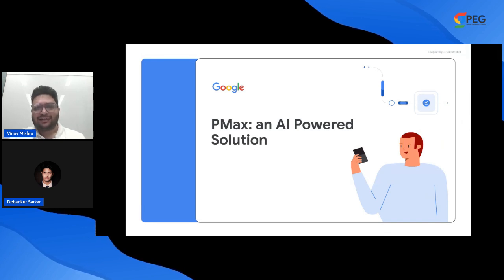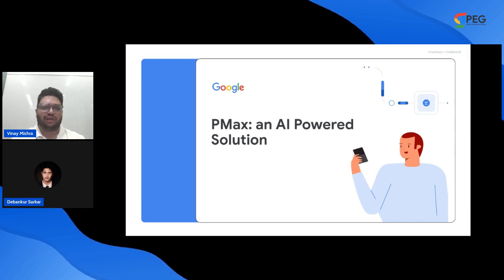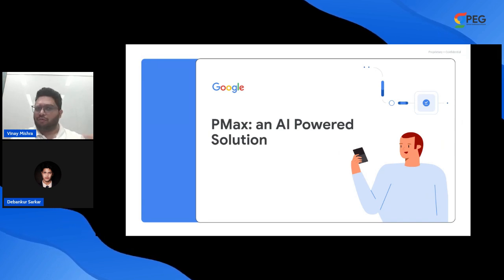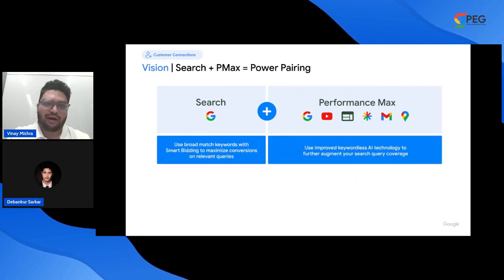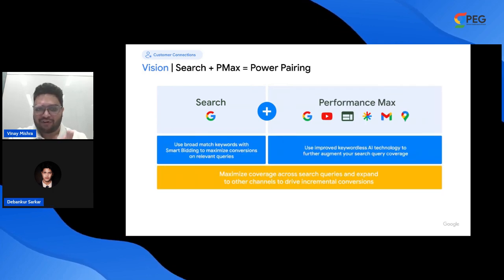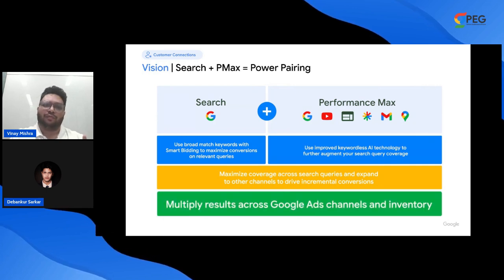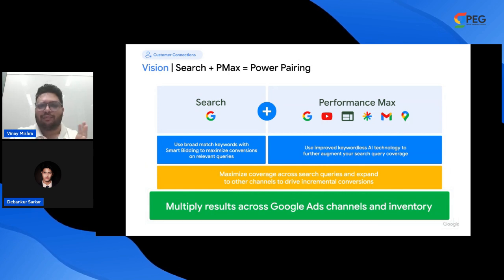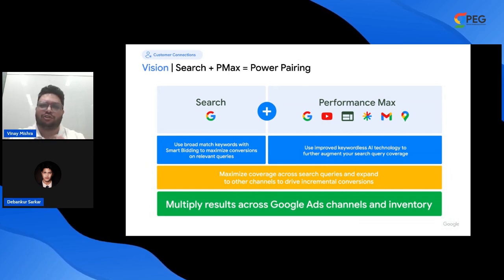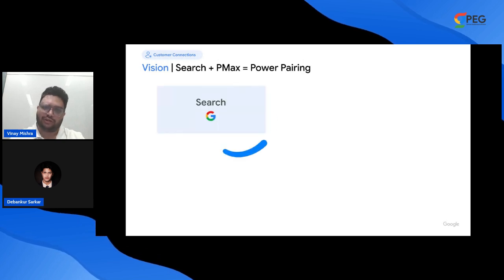Now let's step into the details of Performance Max and how it is an AI-powered solution that helps you optimize your campaign and showcase your product well. As I've been mentioning, let's dive deeper into your Power Pair and explore how search and Performance Max complement each other. Search campaigns, as you know, typically focus on text-based ads and appear on the Google search results page.